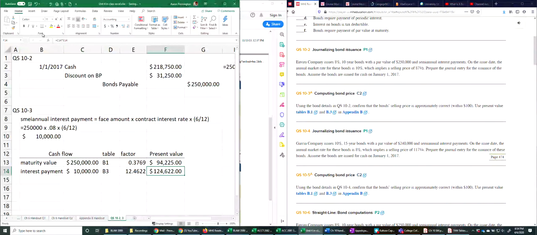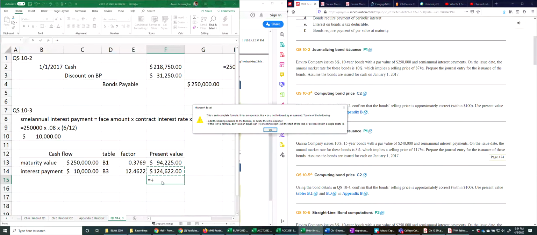And to get the price of the bonds, all we need to do is add those two numbers.